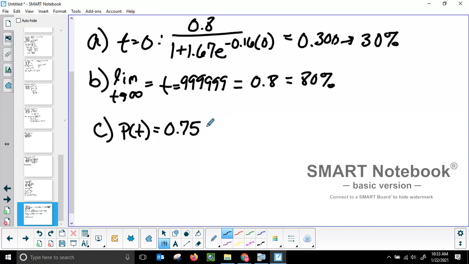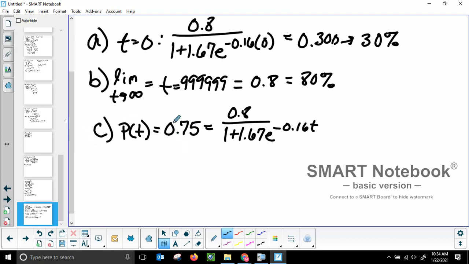And this has to equal 0.8 over 1 plus 1.67 e to the negative 0.16 t. Now, normally, I would want you to do the math and do this, but this is a multiple choice test. We're not showing any work. So it's actually quite easy to just go ahead and use our calculator.